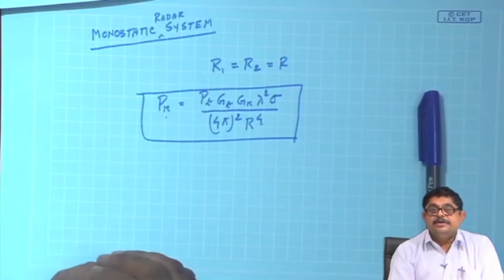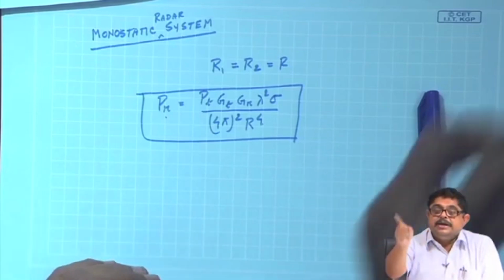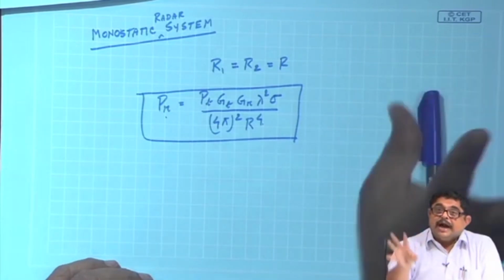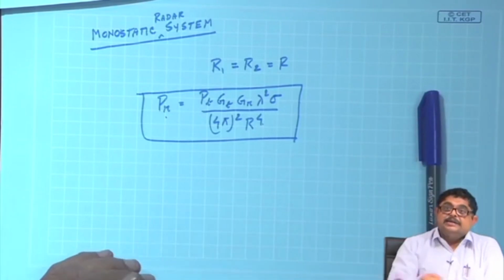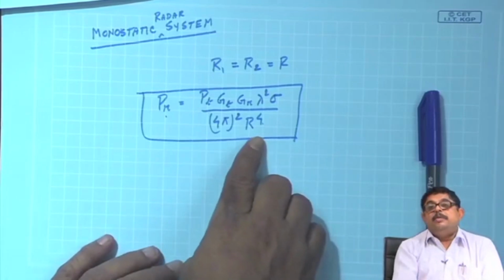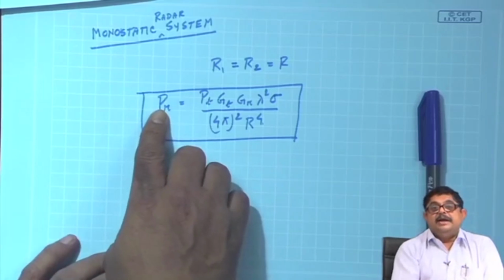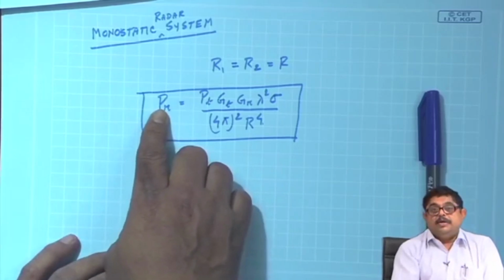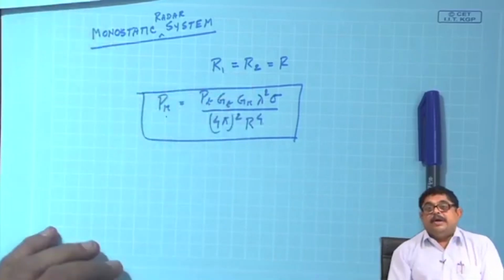But in the radar, it is actually a two-way journey, because the signal goes to the target, scatters back, and then travels the same path again, giving r to the power 4. That means the power received by the receiver of the radar is very, very small compared to a communication receiver.